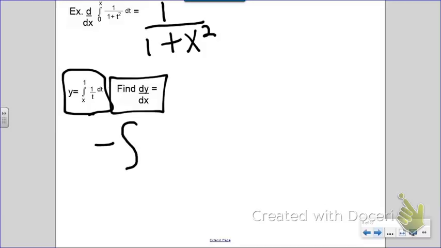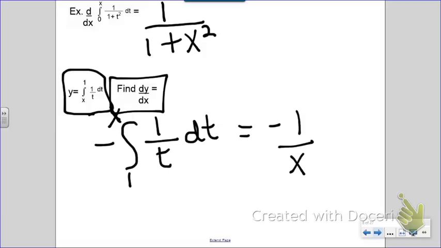Take the opposite, from 1 to x, because the fundamental theorem says it has to be any number a to x. We don't want x to a. That's wrong. So this would be like this, and that will equal negative 1 over x. We replace t with x by definition using the fundamental theorem of calculus. That's the answer.